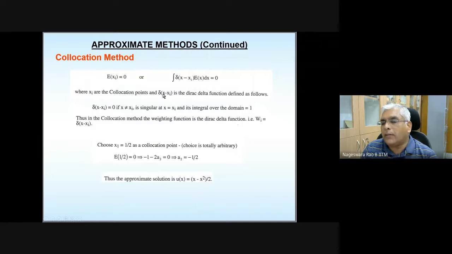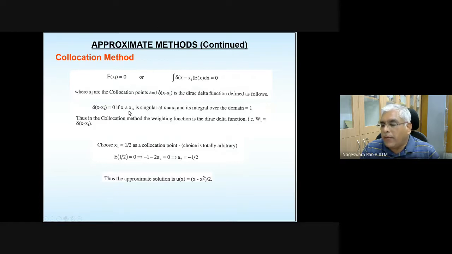When you write it like this, what is the definition of this function? Delta x minus xi is equal to 0 everywhere except at x equal to xi.